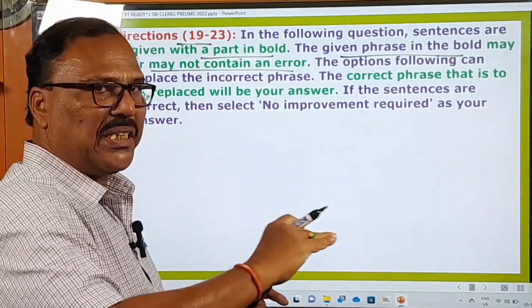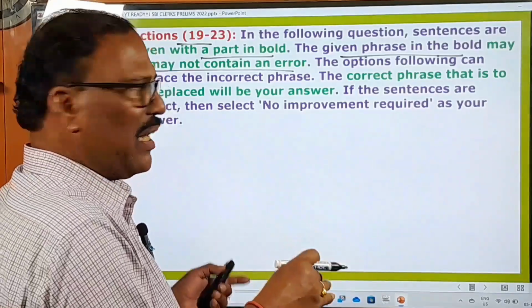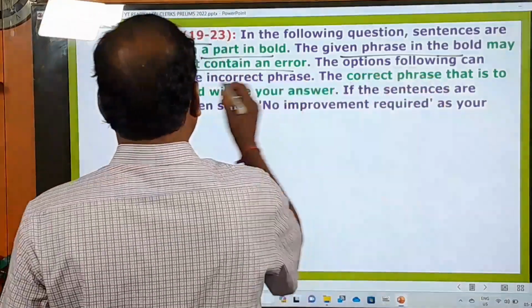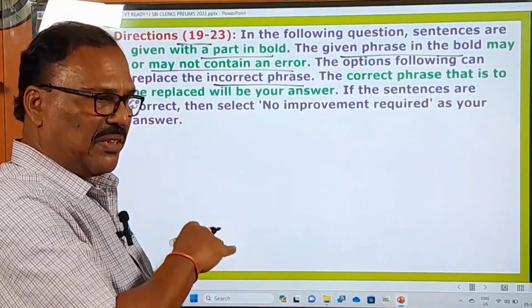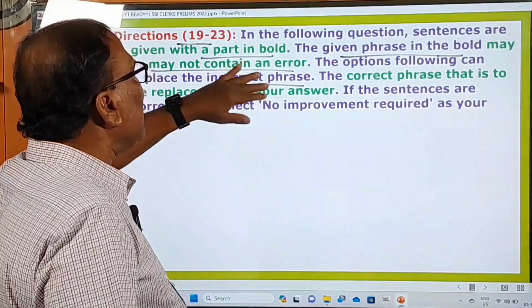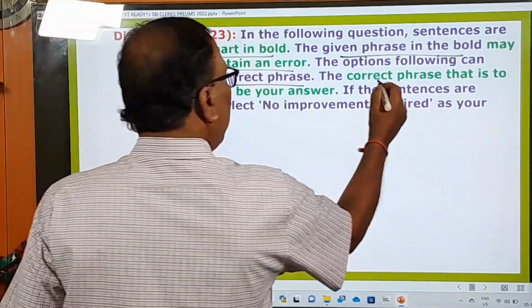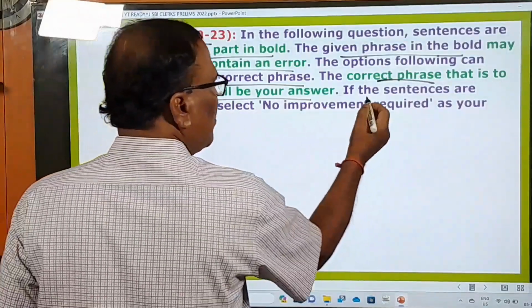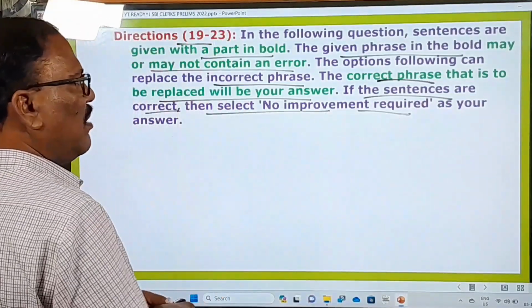So the part that is given in bold may be correct or may not be correct grammatically. The options following can replace the incorrect phrase. If that phrase is incorrect, to replace it, some options are given here. The correct phrase to be replaced will be your answer. If the sentence is correct, then select no improvement as required.